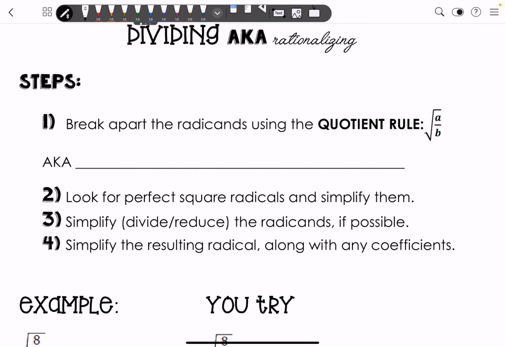Okay? I want you to break apart the radicands using the quotient rule. Pretty much what that means is it's the square root of A over the square root of B. We share the radical. We share the love.